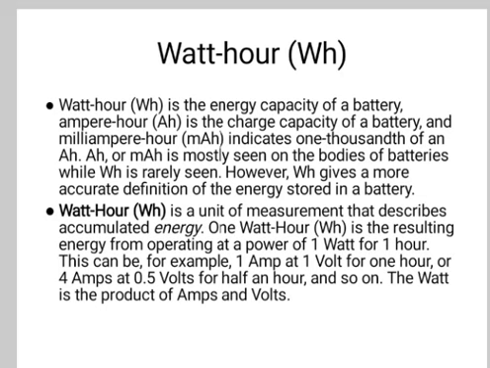To convert milliampere hour to ampere hour, we have to multiply the milliampere hour by 0.001, and to convert ampere hour to milliampere hour, we have to multiply ampere hour by 1000. Most of the rechargeable devices have their battery rated in milliampere hour.